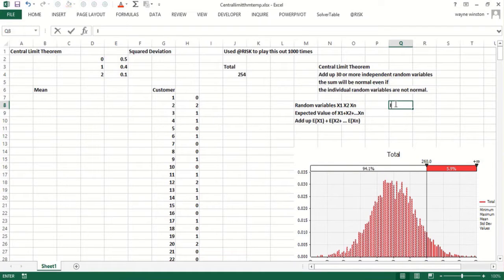Now, if the random variables are independent, and we require this for the following formula, the expected value formula does not require independence, then the variance of the sum of n random variables is the sum of the variances. You would add up the variance of each one.